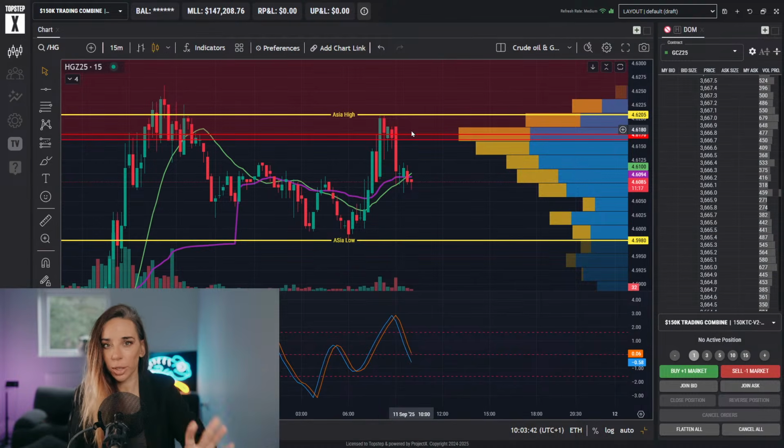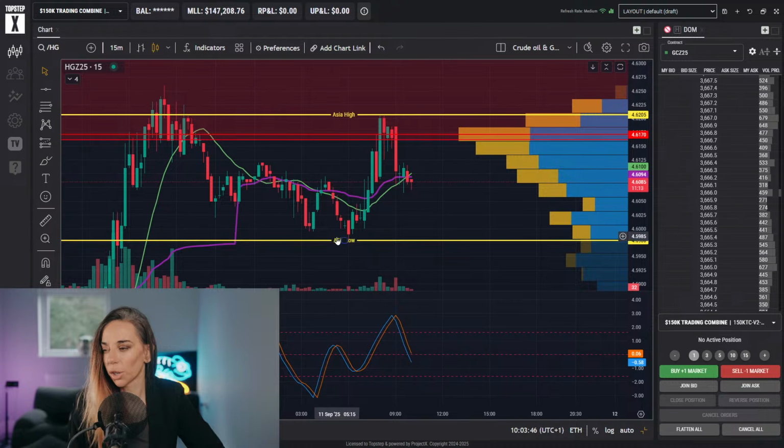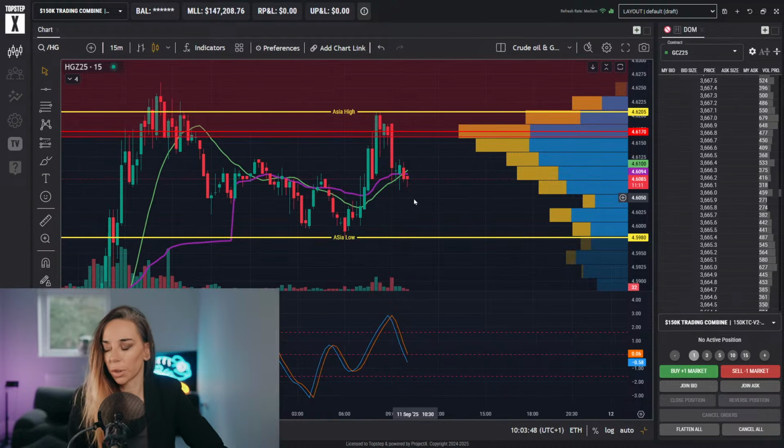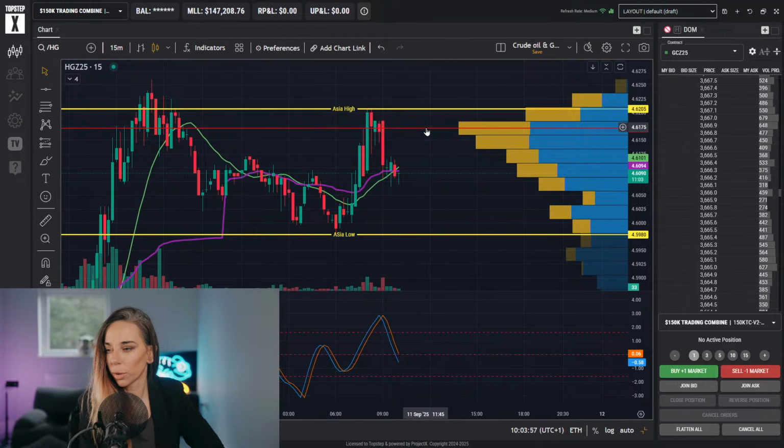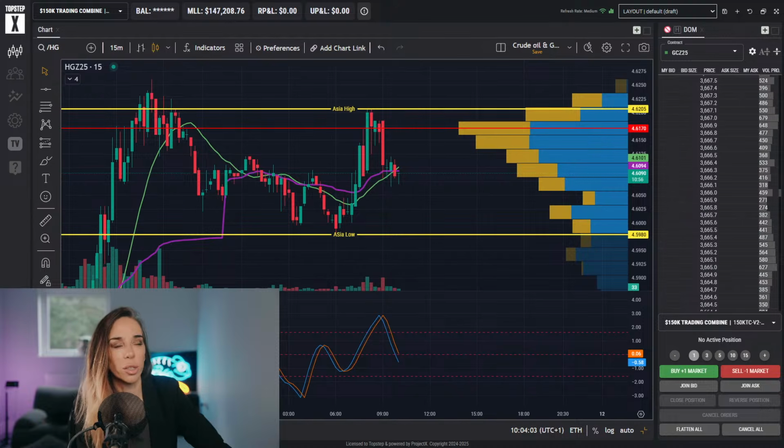But for this time of day, the Asia high, Asia low range, or overnight high, overnight low range, that's where we're sitting, right? So that's step one. Step two is to look for the value area for COMEX, because most of you will be trading COMEX. So let me just find that chart.